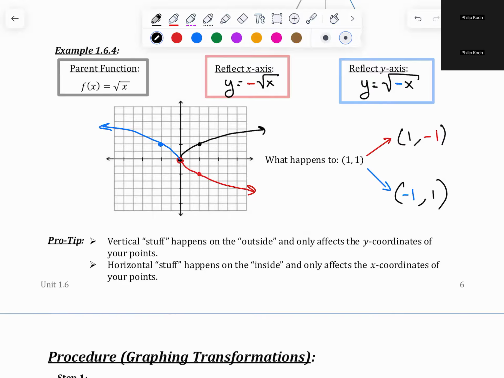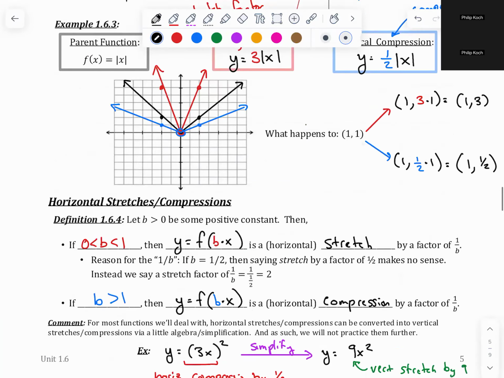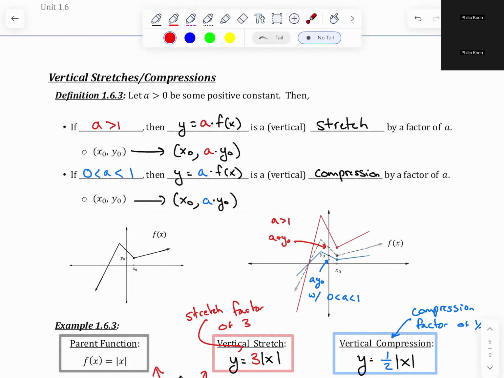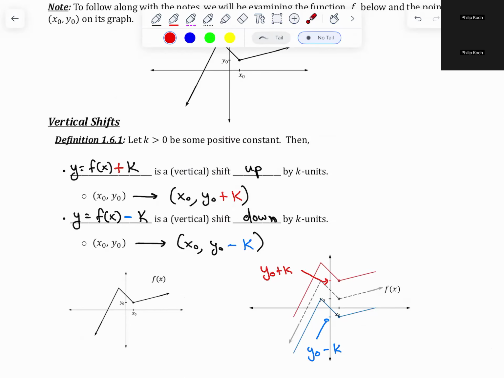So vertical shifts or vertical stretches or compressions, they always happen on the outside of the function. They're not inside parentheses, they're not inside radicals or anything like that. They always happen on the outside. And they only affect the y coordinates. If we go back through the vertical stretch, it only affects the y coordinate. The vertical shift, it only affected the y coordinates.